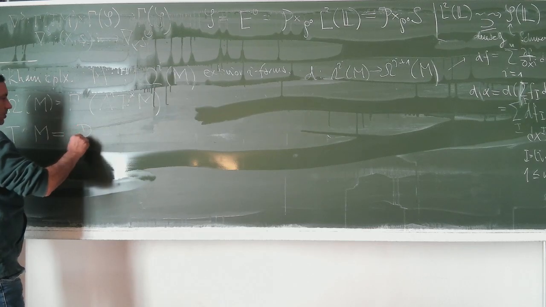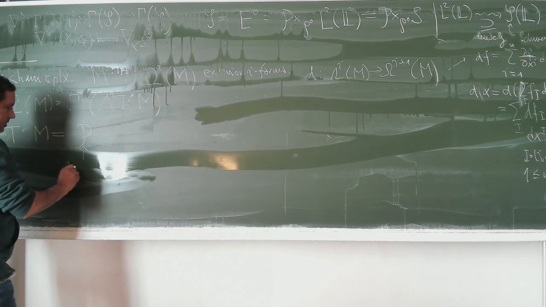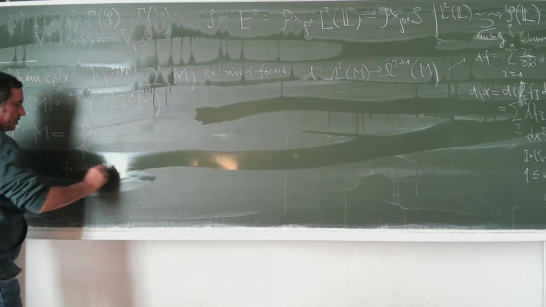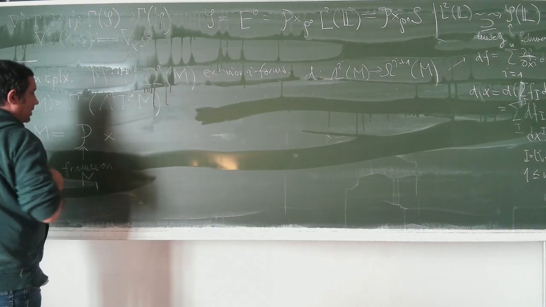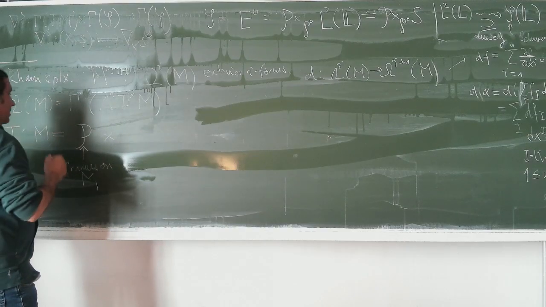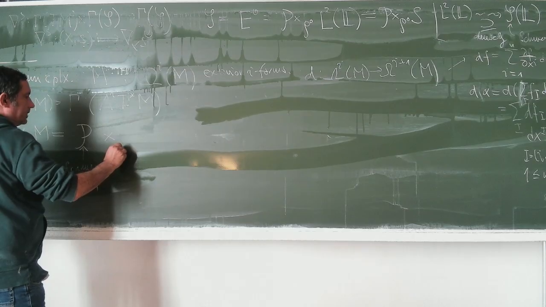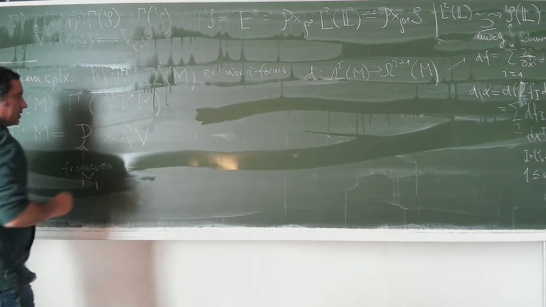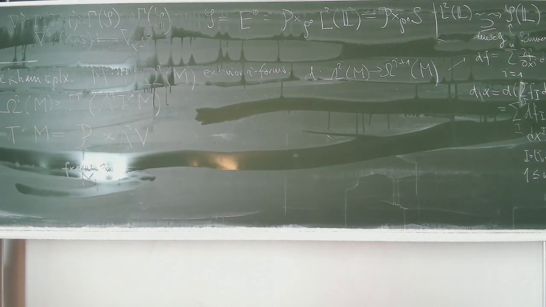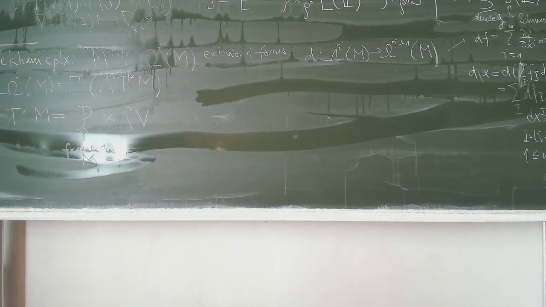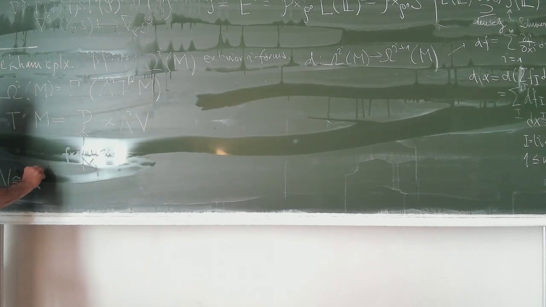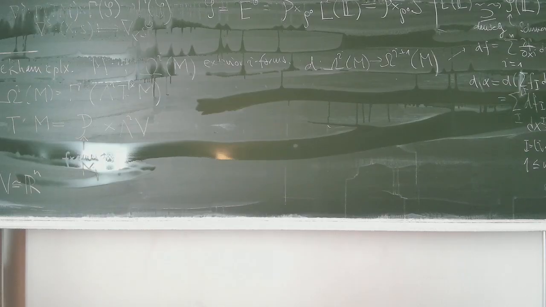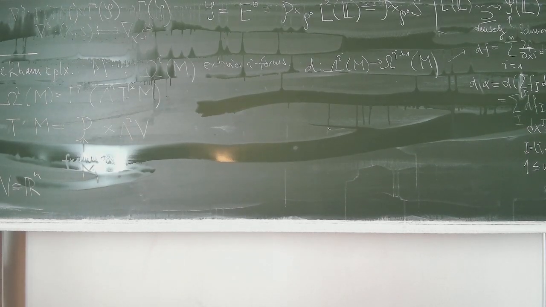So we can form the bundle of all frames on M at any point, and then multiply it by the vector space, which is the i-th exterior power of V, where V is now a fixed vector space R^n, where n is the dimension of the manifold.